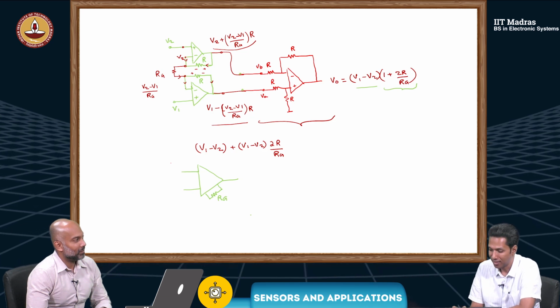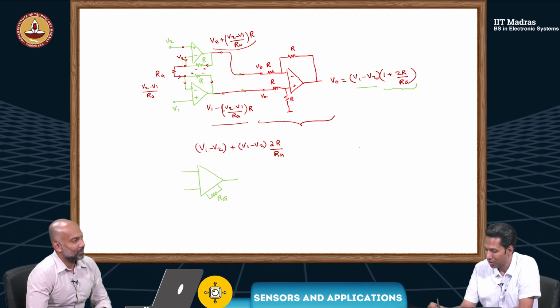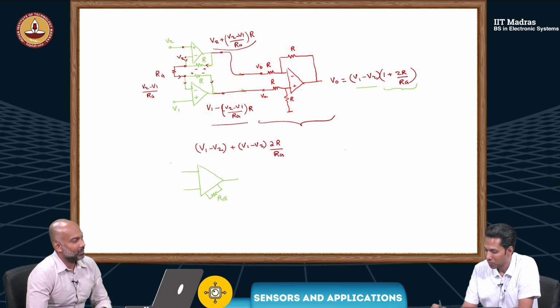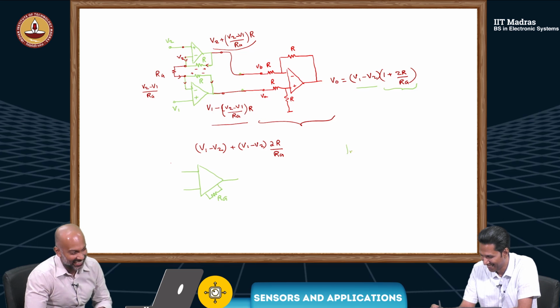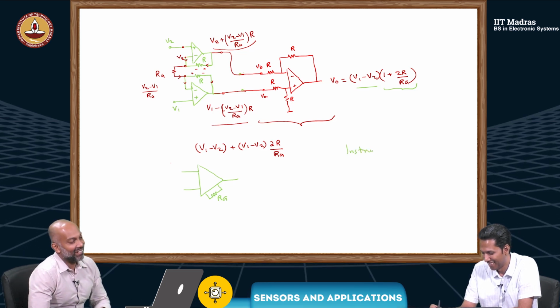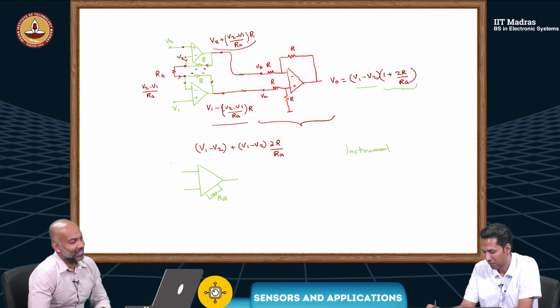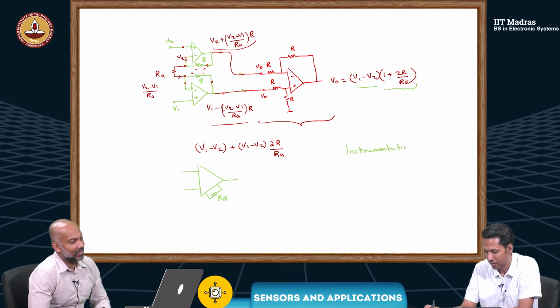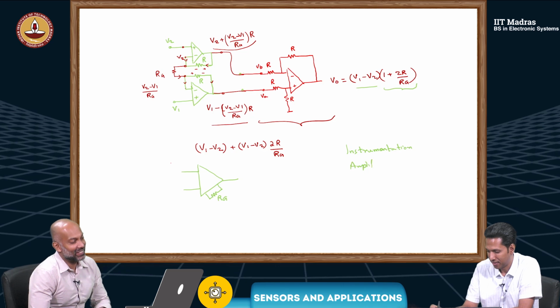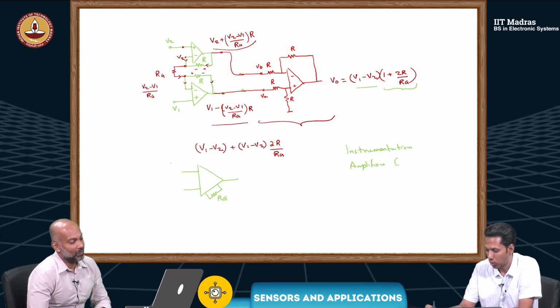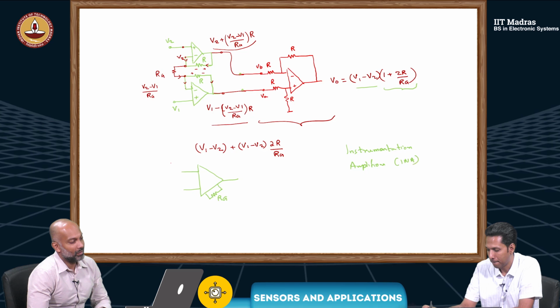All these features are there. This amplifier is called an instrumentation amplifier. The short form is INA.